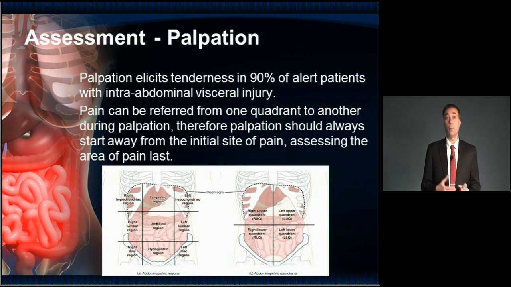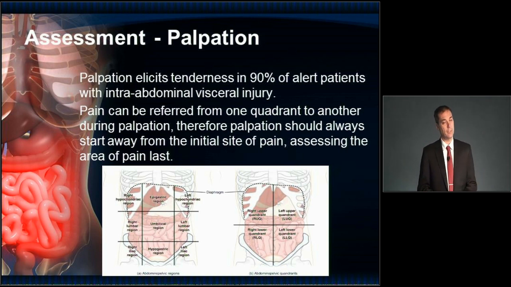Palpation. Palpation should elicit tenderness in 90% of alert patients with intra-abdominal visceral injury. So there's no question that an important part of doing an abdominal assessment is good palpation, because you're going to pick up on injuries a majority of the time. One thing to note is that pain in the abdomen is often referred from one quadrant to another.